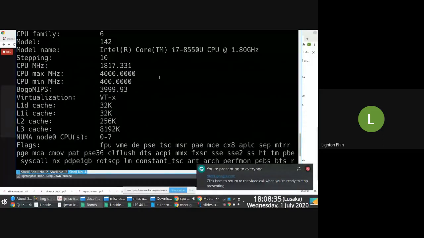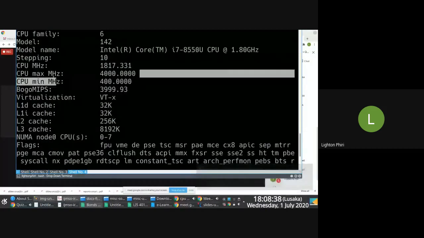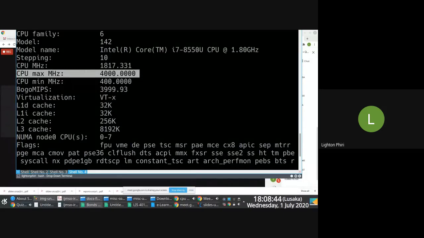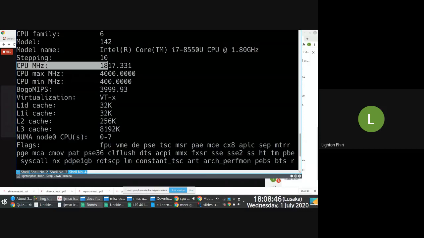Here's the thing, look at this, for instance, right? I could be speculating here, but this maximum is what I'm talking about. So you notice that currently it's 1.8, this is 1,817 megahertz, right? It's 1.8 gigahertz, but the maximum is 4,000.